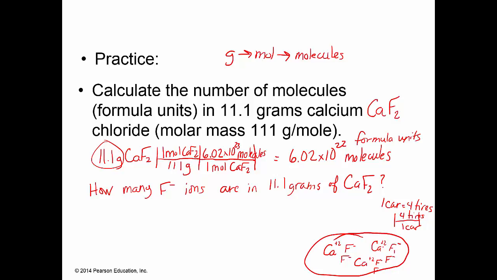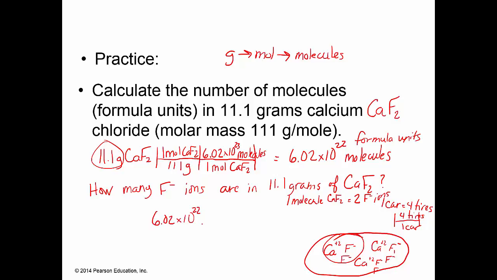It's just counting. So in this individual, I know in one molecule of calcium fluoride, you have 2 fluoride ions. We just draw that. This is one molecule, 2 fluorides. So to answer this question, I'm just going to take the number that you had just calculated.